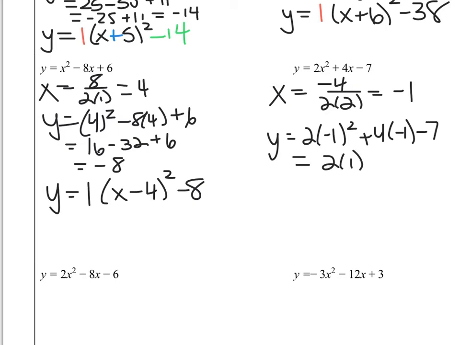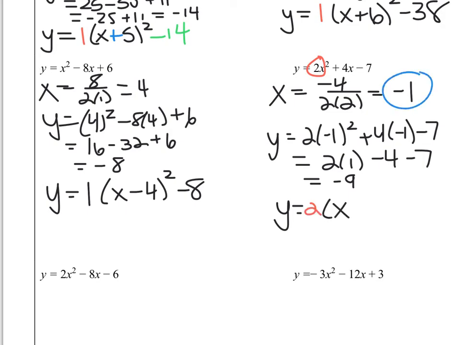Remember when I square a negative that that's a positive. So negative 2 minus 9 would be negative 9. Now my a value originally is 2, so it stays 2. X, opposite of my x value, plus 1, squared, keep your k.